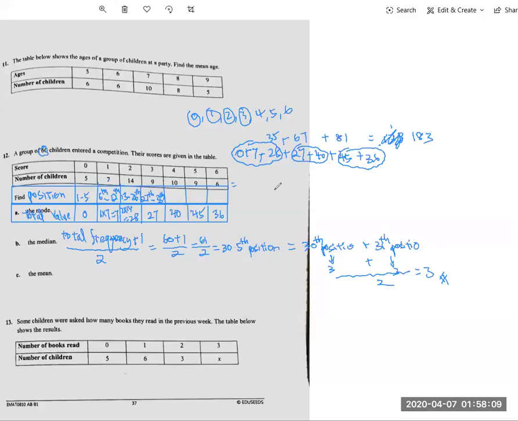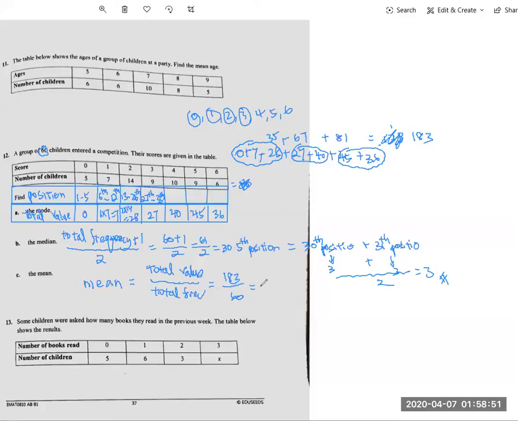You got it? Now, what is the total frequency? The total frequency, which is here, is already stated, 60. So very simple, the mean is equal to total value over total frequency. Now the total value we have worked out is 183 over the total frequency of 60.